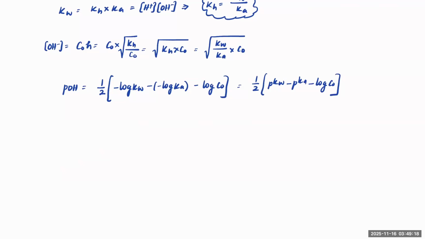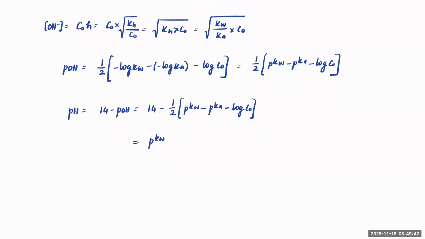Now what will be pH? pH will be equal to 14 minus pOH. So that is 14 minus pOH, which is half of pKw minus pKa minus log C naught. Can I write 14 as simply pKw? Because 14 is nothing but pKw. So pKw minus of this entire thing.